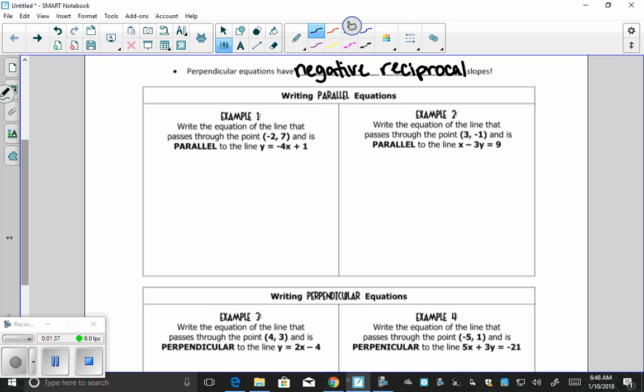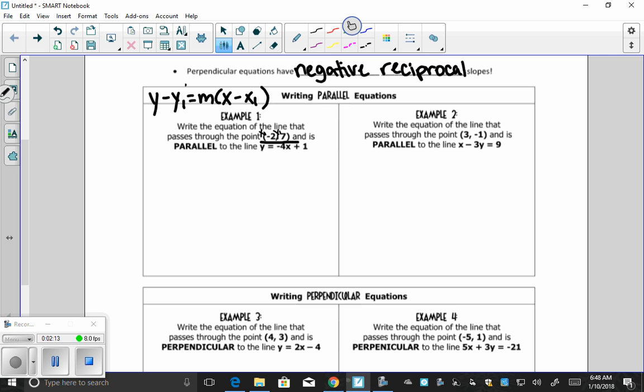You're going to need this equation, y minus y1 equals m parentheses x minus x1. I'm going to plug this ordered pair into my equation. So if you want to label your x1, y1, you can. But there again, you do not have to.